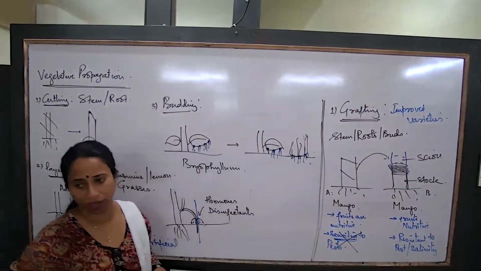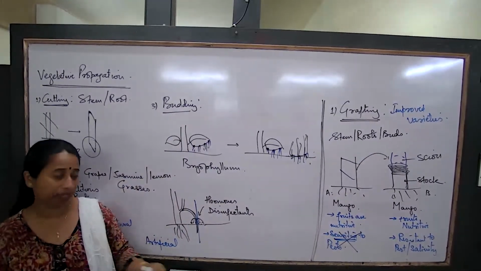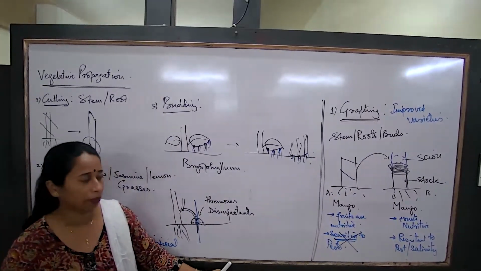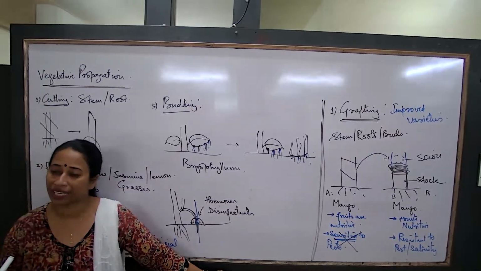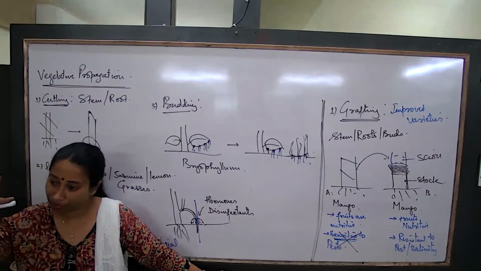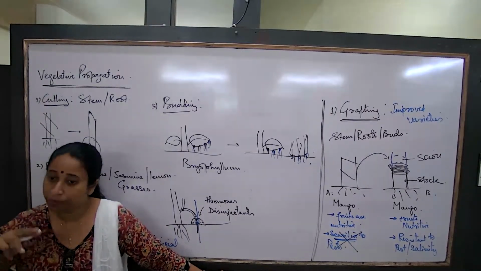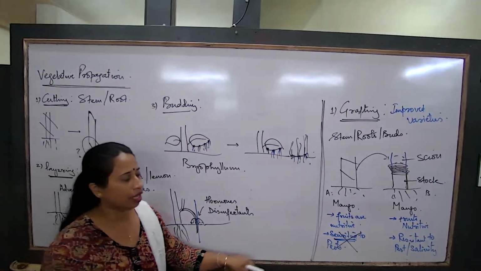And then, I'm just talking about 2 right now. It can be 3, it can be 4 again. If there are any questions, remember, it can be 2, 3, 4 also. But what is to be taken care of? Can I talk about grafting between the mango and the guava? No. Breeds of mango, breeds of guava, like that.